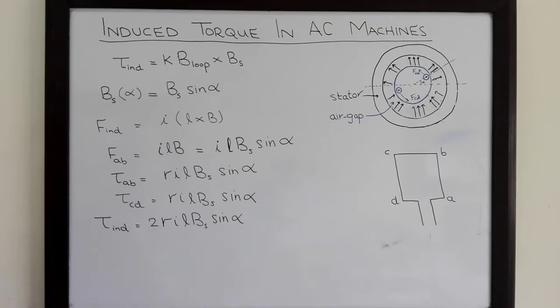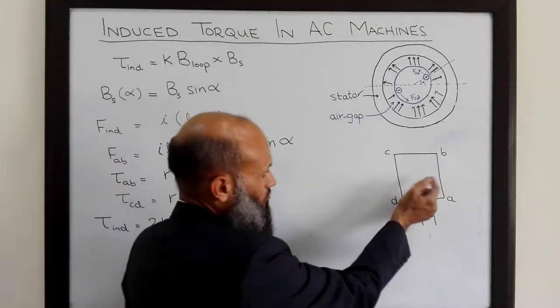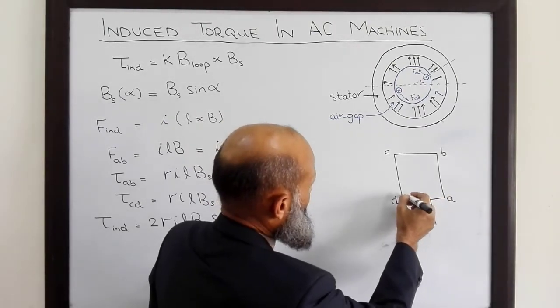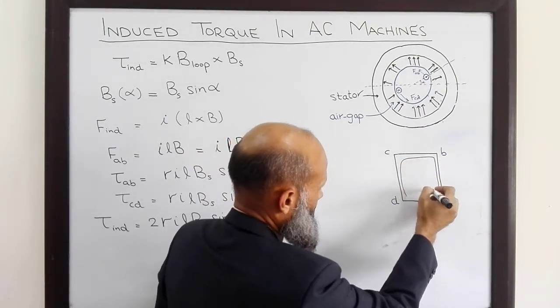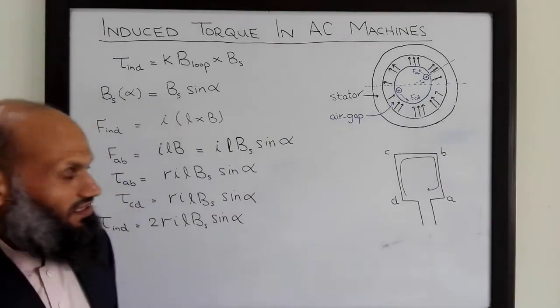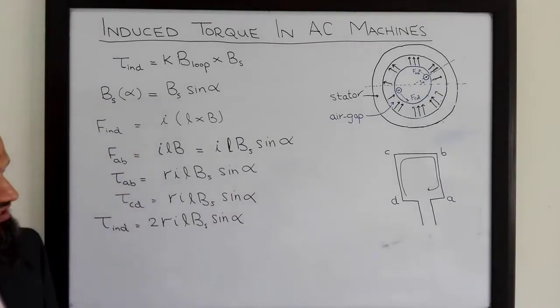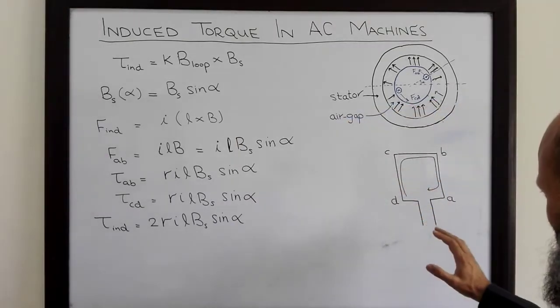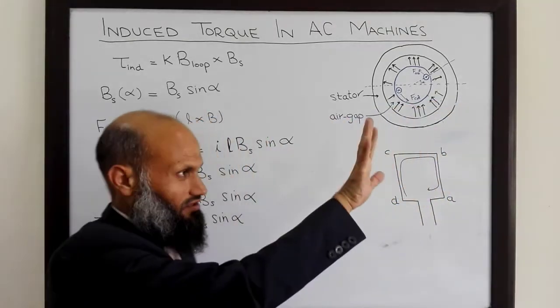What we observe is that the current in this loop is flowing in this direction, here in this direction, and a current-carrying conductor has its own magnetic field. The direction of that magnetic field can be determined by the grip rule.